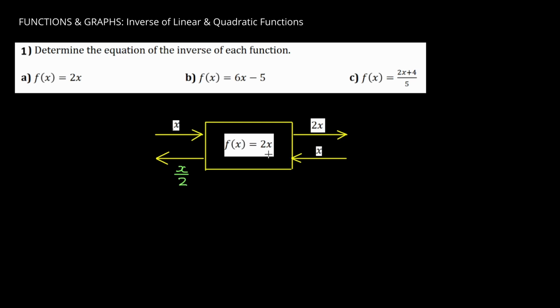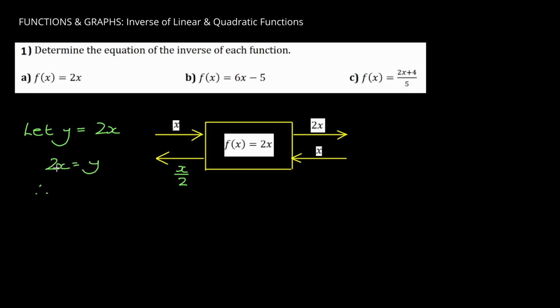But how would we work that out in a method that would apply when the functions are more complex, as in b and c? To find the inverse, we temporarily bring back our old friend y. We say let y equal 2x. And what we do is we make x the subject. So writing it just the reverse way round, we get 2x equals y.